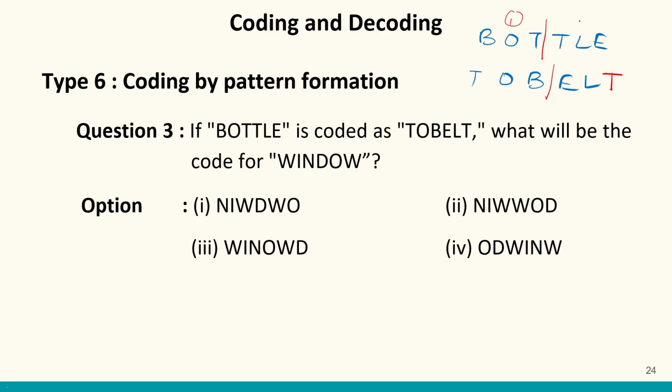So the first part and the second part is written in reverse alphabet order when I divide them from middle. So let's do the same thing for window. If I divide them from the middle, the first part is written in reverse order and the second part is also written in reverse order. So my code will be NIWWOD, which is option number 2. So option number 2 will be the correct answer.